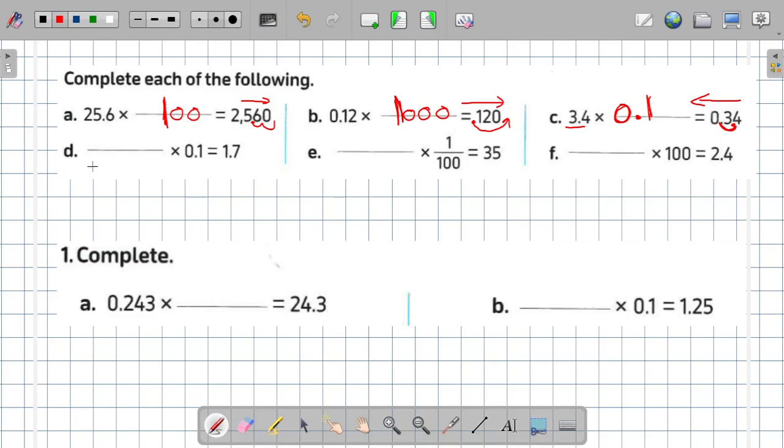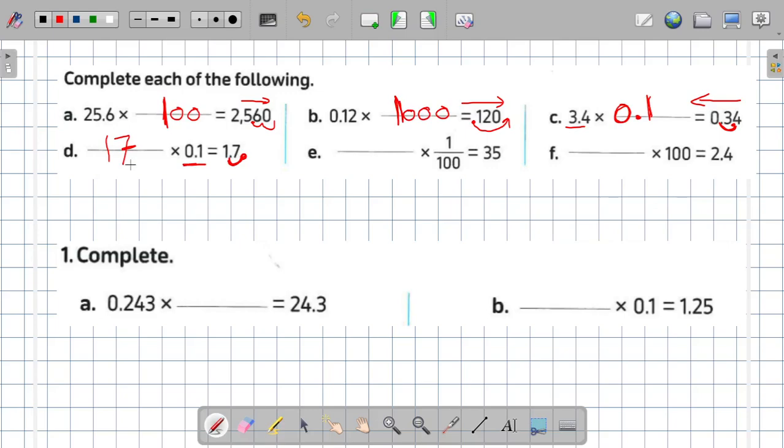So a number here has a decimal point, and the decimal point was moved to the left because we multiply by a decimal fraction. Okay, so it was moved like that to the left. So the decimal point was after 7. So I think the number here was 17.